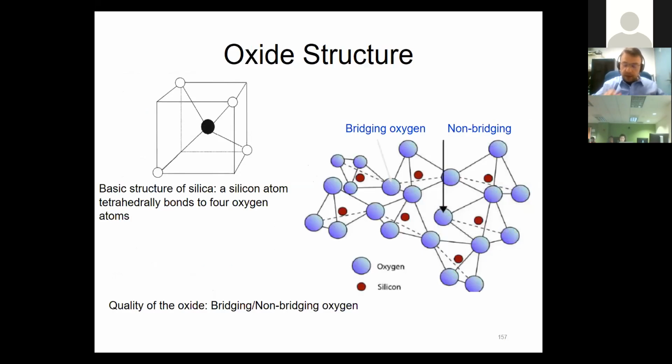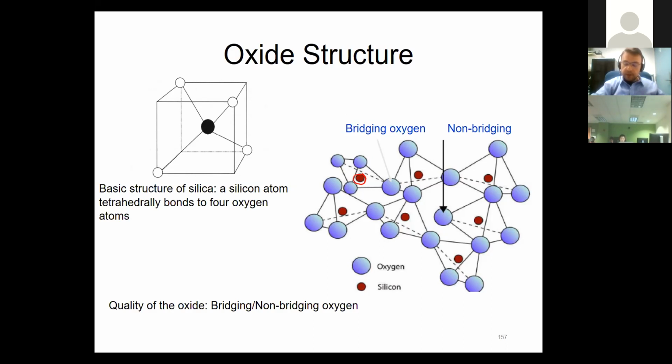And this is how the whole tetrahedral bonds, I would like to say network, but don't take it literally as a crystalline structure, look like. We have the silicon, of course, and we have the oxygen atoms, and once they're bonded, they create this very short-range order.